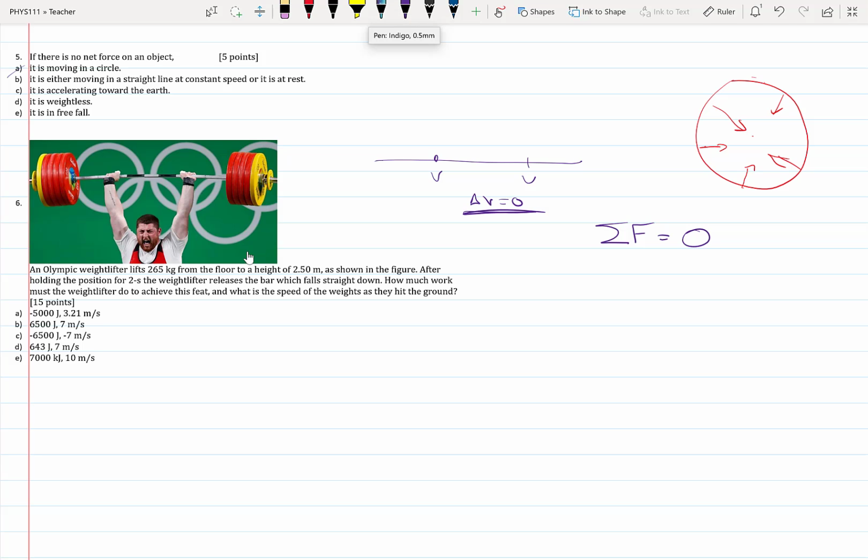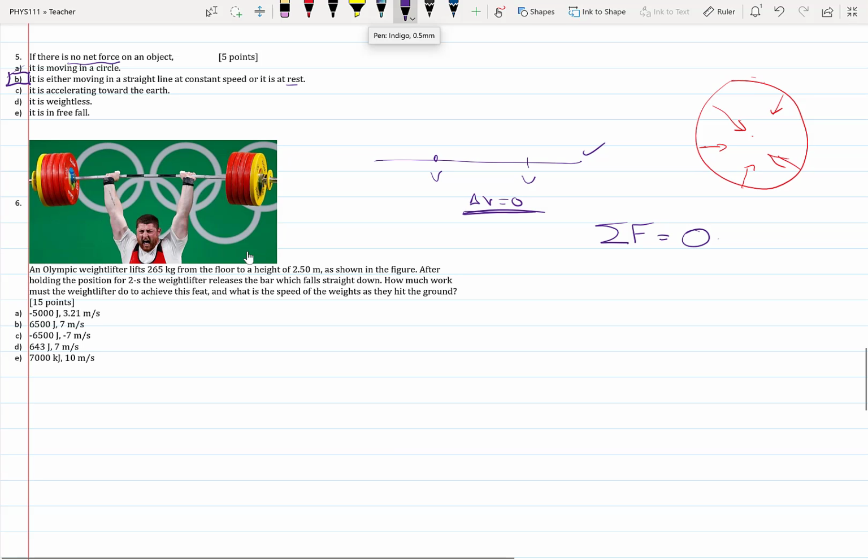So the sum of the forces equals 0. If there is no net force, that is 0 force. It is either moving in a straight line, yes, we check that, at a constant speed, or it's at rest. Well, of course, if it's at rest, the net force is 0. So that second part is possible. So it could be B.